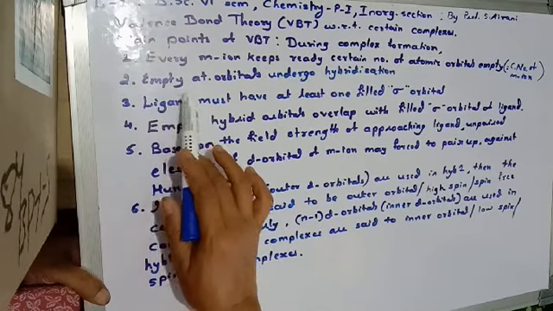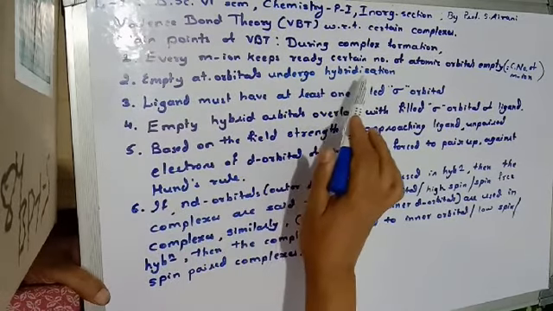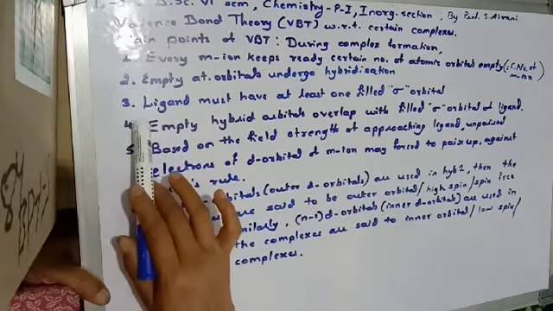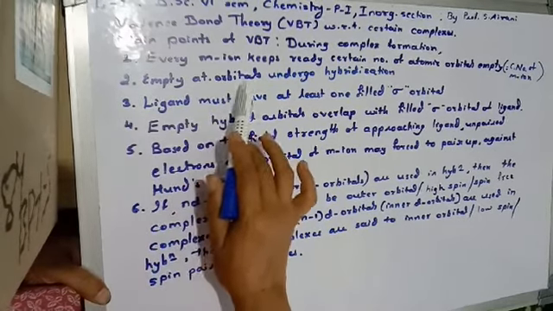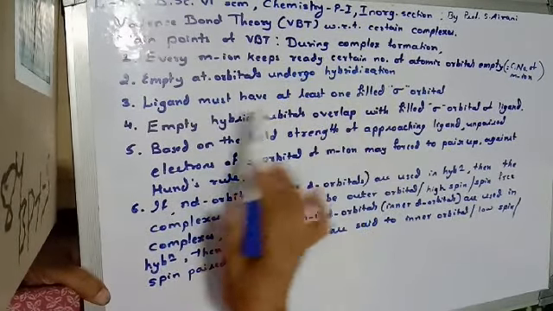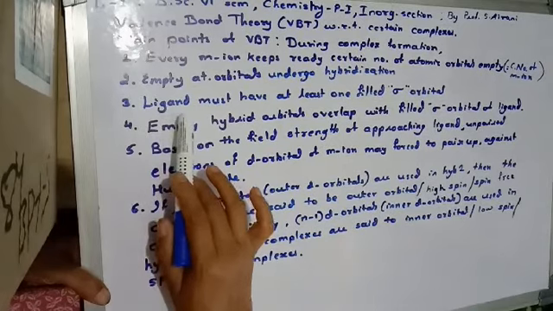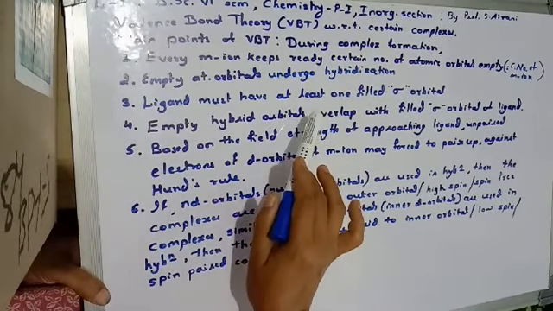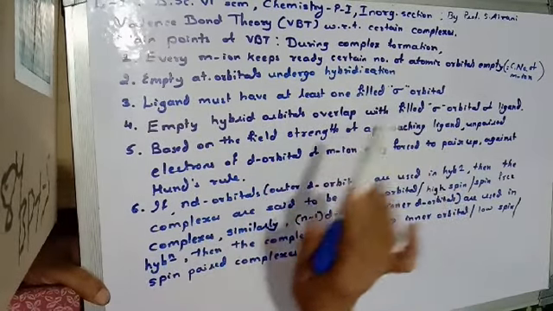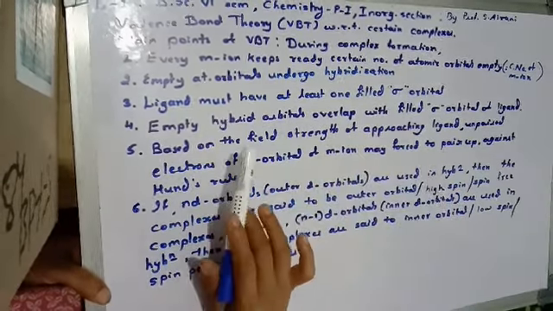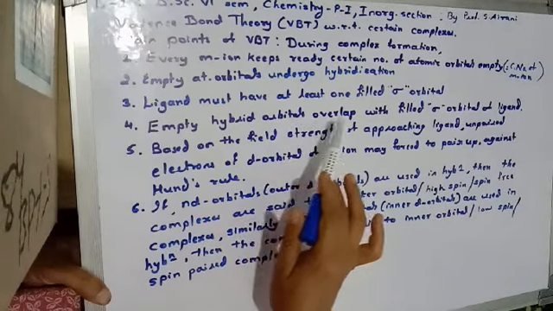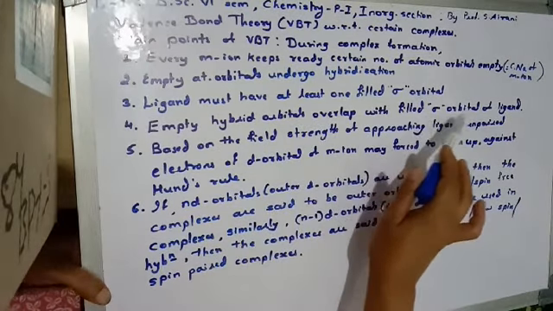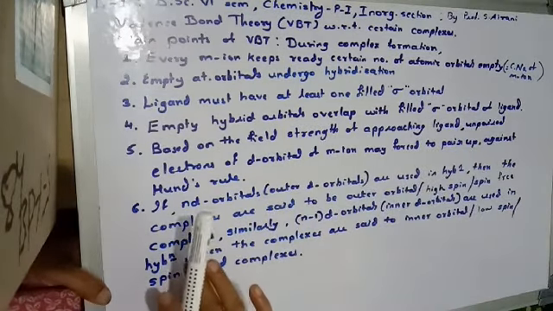Second point: the empty atomic orbitals of the metal ion undergo hybridization. Third point: the ligand must have at least one filled sigma orbital. Fourth point: the empty hybrid orbitals of the metal ion overlap with the filled sigma orbital of the ligand during bond formation.